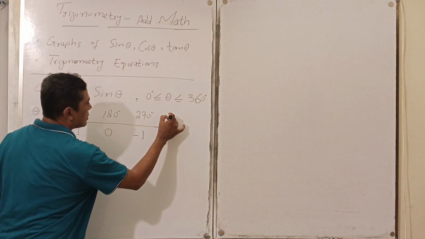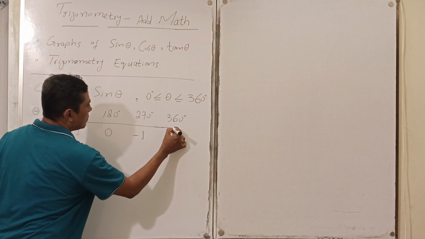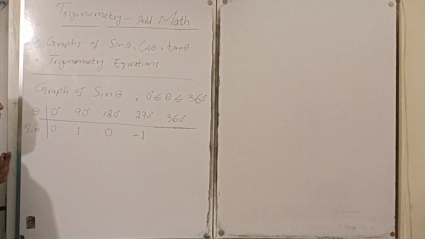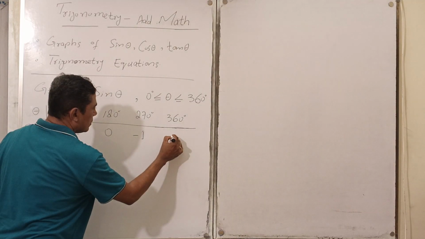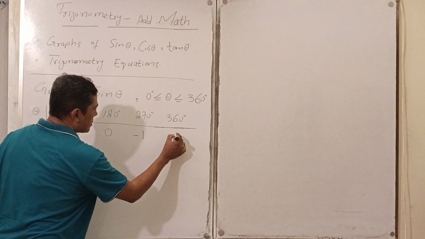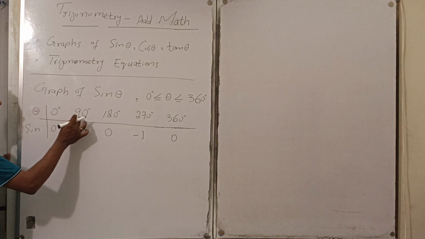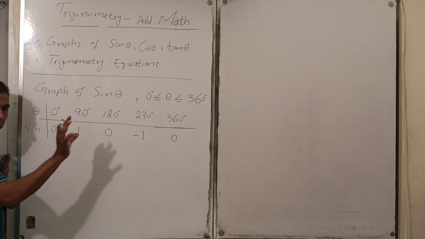What is 360 degree? 0. We are taking degrees as per the quadrant system. We can take other values in the middle of these values, for example between 90 and 180, so you may take 150, 135 and so on.